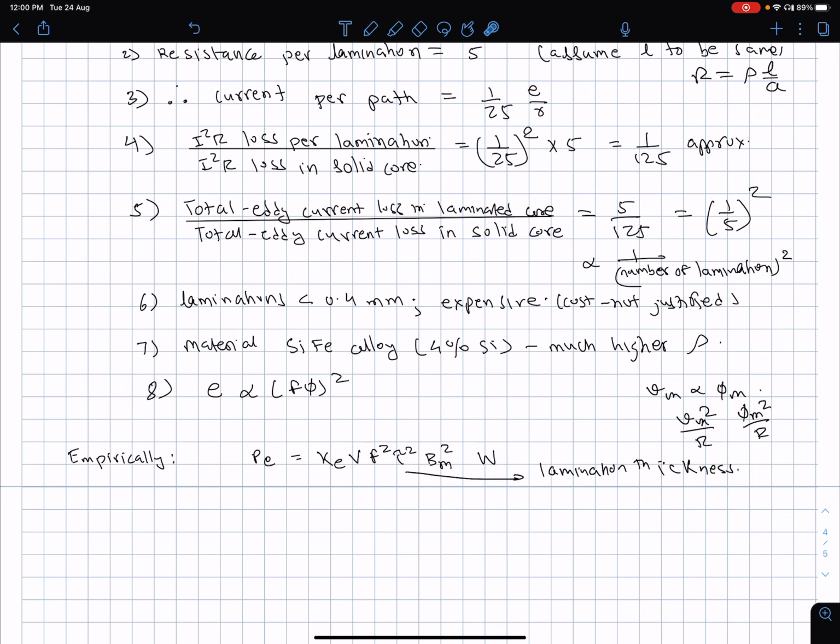Here it is the lamination thickness; there, we have shown it is inversely proportional to the square of the number of laminations. So the smaller the lamination thickness, the higher is the number of laminations. So the larger this number in the denominator, the lower is this ratio. Both these equations are essentially saying the same thing.